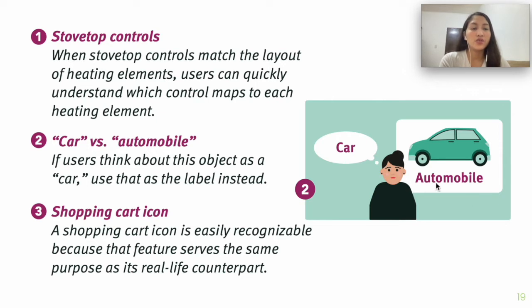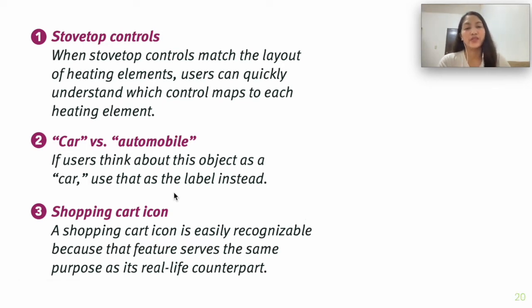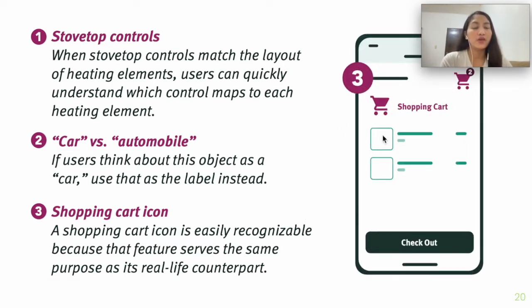There are countries that use automobile. They are familiar with the term automobile instead of the term car. So use that instead. And then the third one, the shopping cart icon. This is easily recognizable. This means that you are adding something in your cart to shop or to buy.